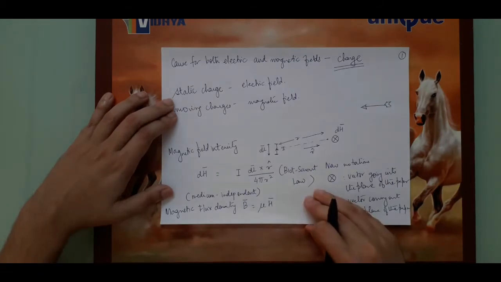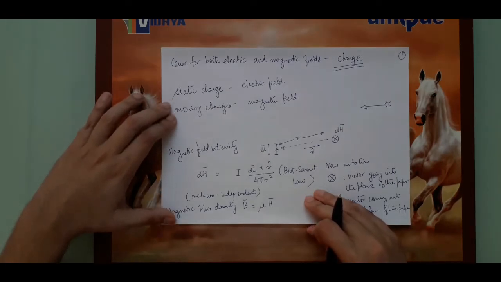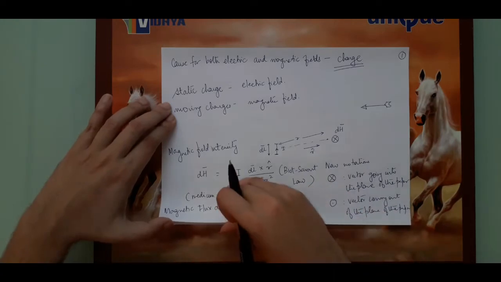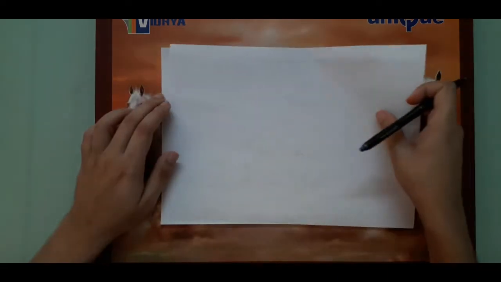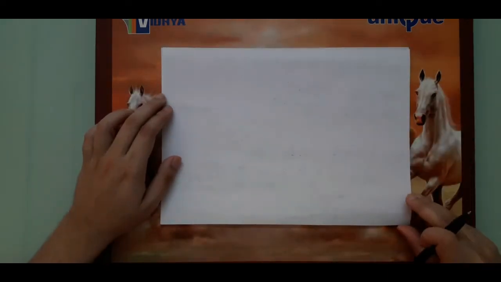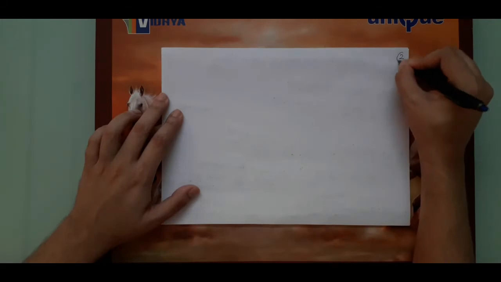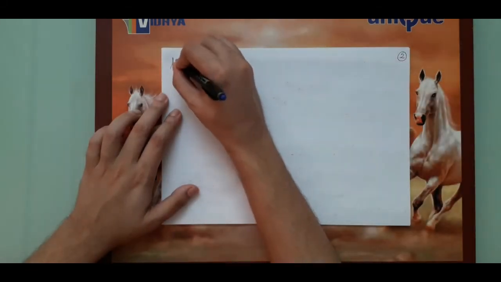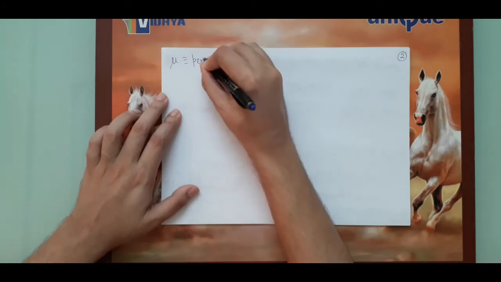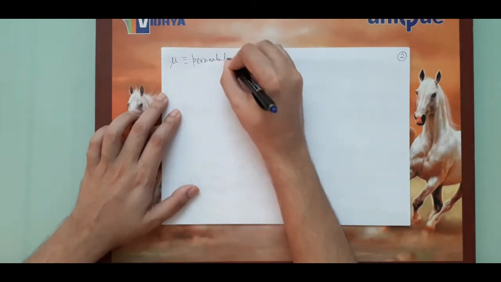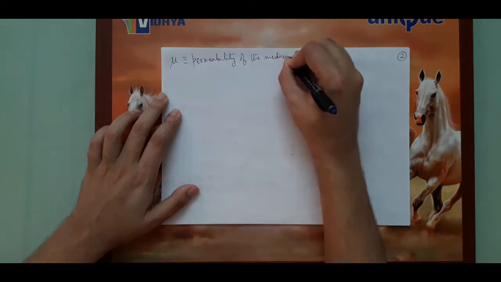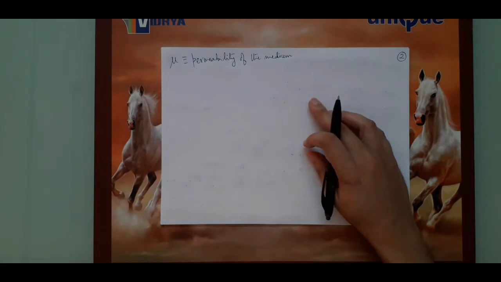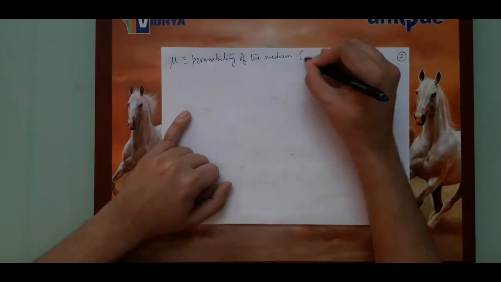So the permeability of a medium, just like how we define permittivity. The unit of permeability is Henry per meter.